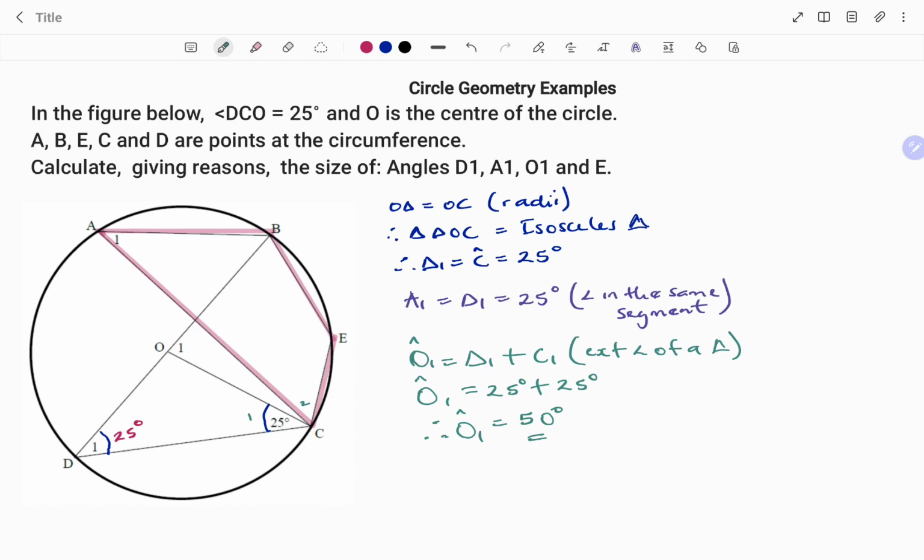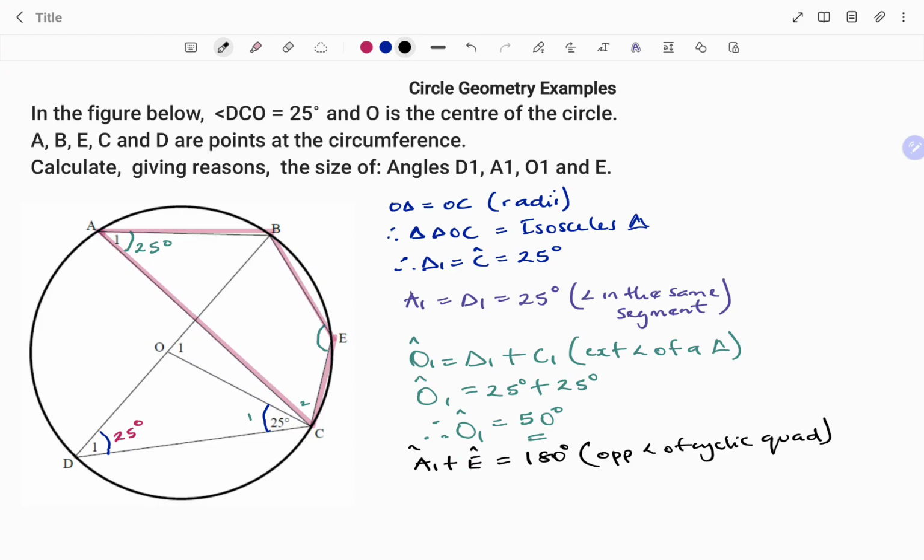We've been able to show that the angle at A1 is equal to 25 degrees. The opposite angle here is my E. So therefore, using the circle theorem, I have angle A1 plus angle E equals 180 degrees. The reason being opposite angles of a cyclic quad.